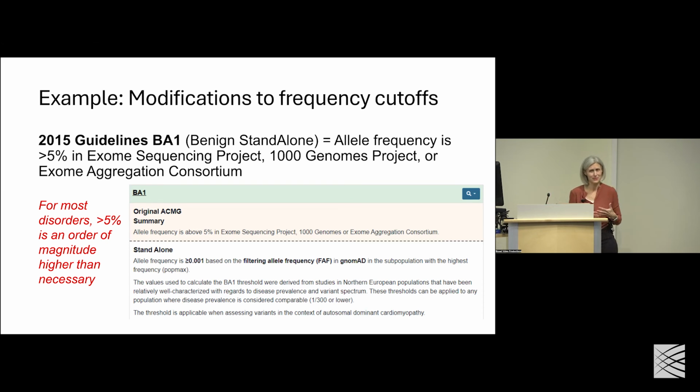But for most Mendelian conditions, a 5% cutoff is more than an order of magnitude higher than necessary. So for these MYH7 criteria, they were able to specify, based on the prevalence of dominant cardiomyopathy and the genetic and allelic heterogeneity of that disorder, that anything above a 0.1% allele frequency in databases like gnomAD is sufficient to classify that variant as benign.